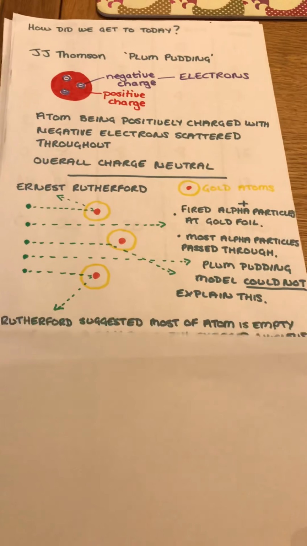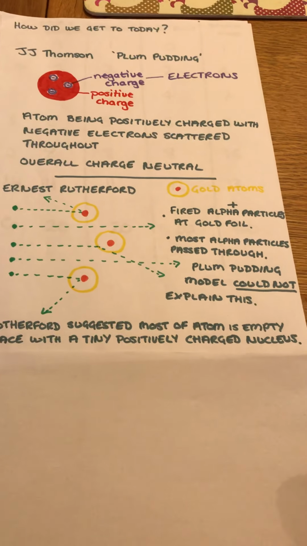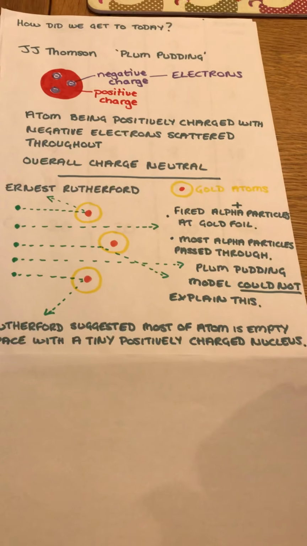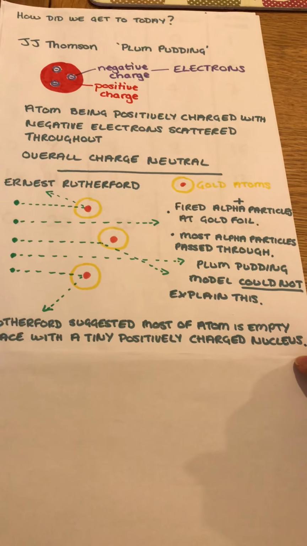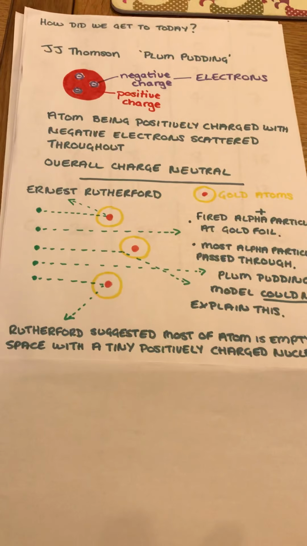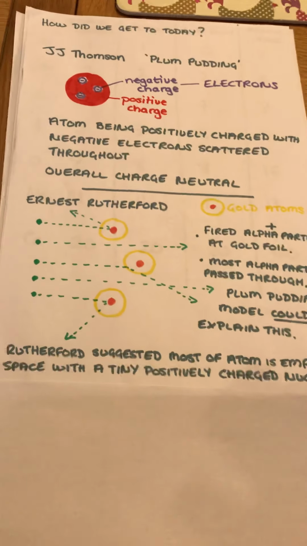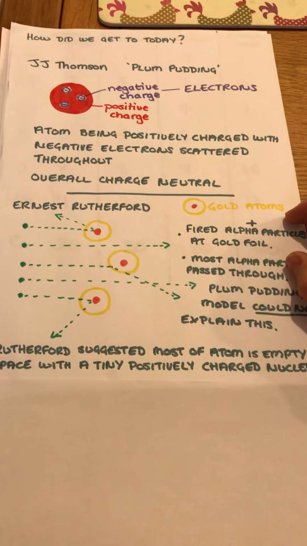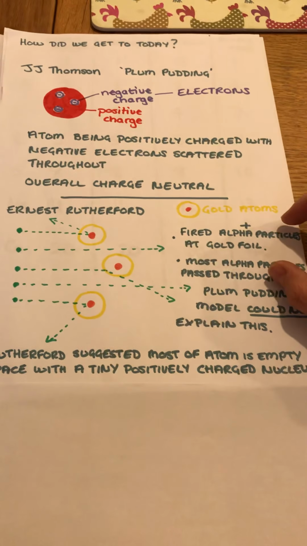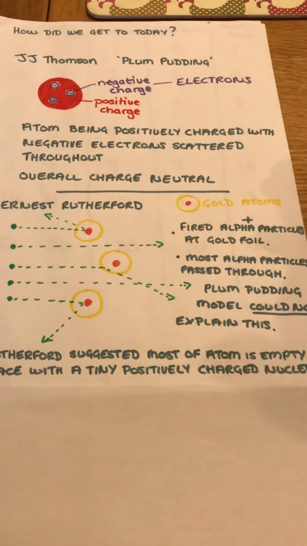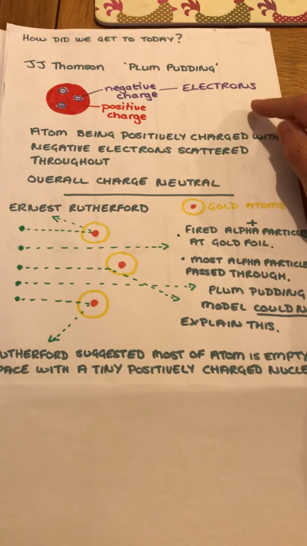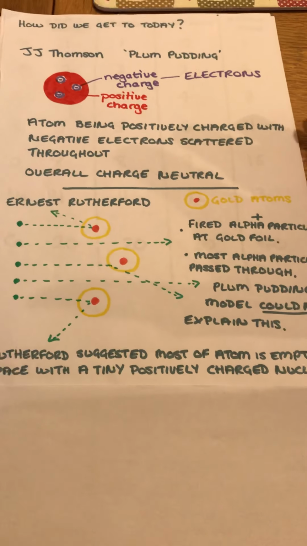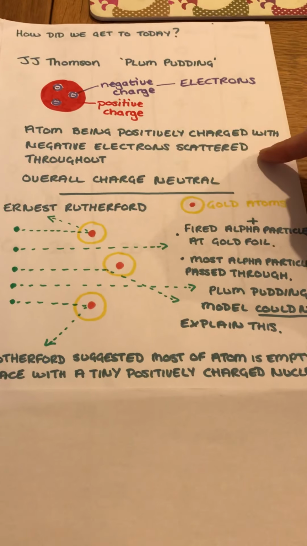So Ernest Rutherford then suggested that most of an atom is empty space, with a tiny positively charged nucleus, and that was the theory he put forward. The gold scattering experiment was how he did this. Now this is commonplace: someone puts forward a model, it stands, and they've got experimental evidence to back it up.